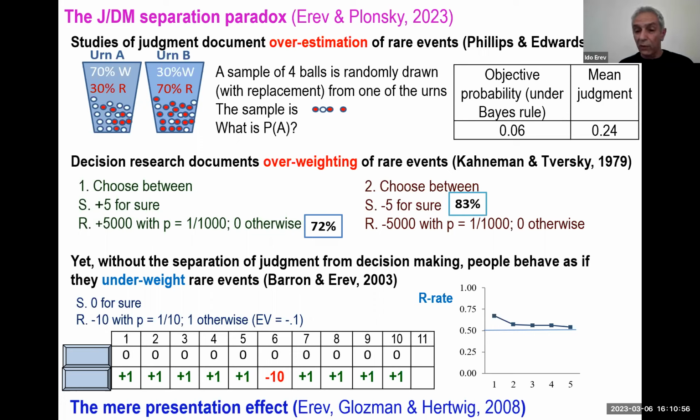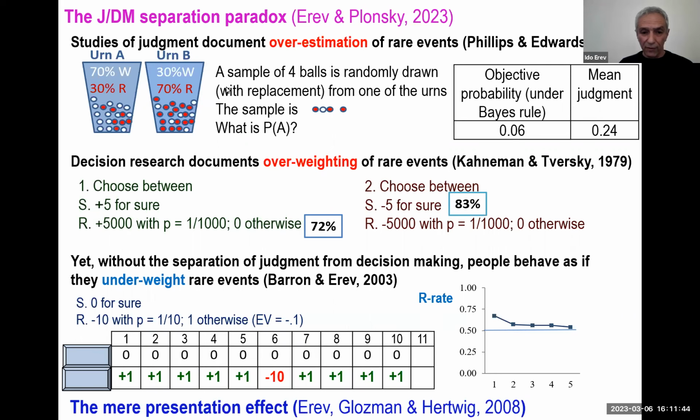So the separation requires an explicit presentation of the rare event, and we believe that the observed overweighting of rare events in studies that separate the judgment from the decision making is a result of this explicit presentation, whereas in most natural settings, you have to make decisions without explicit presentation of all the possible rare outcomes. So we think that this basic design that separates the judgment from the decision making can lead to incorrect conclusions that people are oversensitive to rare events, whereas without a separation, they behave as if they underweight them.